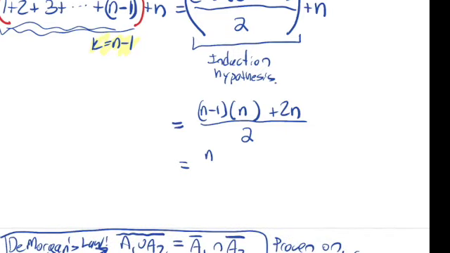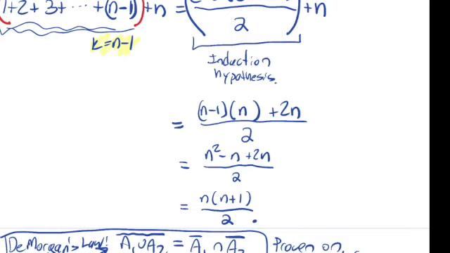And this gives us n squared minus n plus 2n over 2, which can be simplified to n times n plus 1 over 2. And that would be it. We've just now proven that if it holds for values less than n, it's going to hold for n.